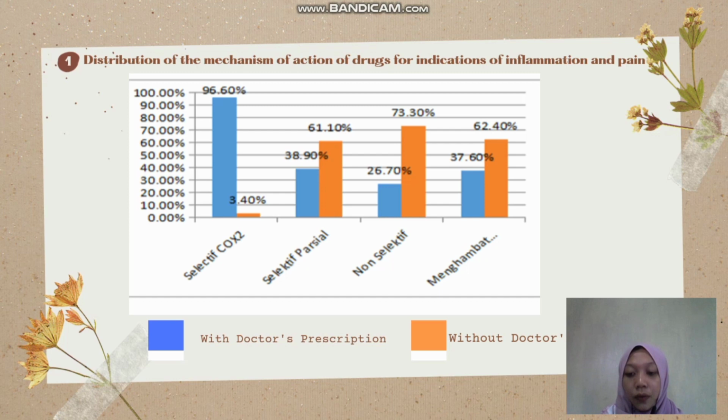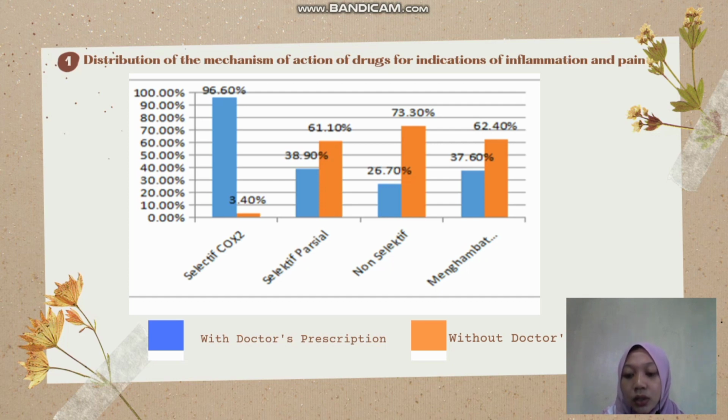The results of the analysis show that most anti-inflammation drugs used to treat complaints of pain, inflammation, and rheumatism are non-selective because the drugs are affordable compared to COX-2 selective ones. However, it is not advisable to use non-selective drugs for a long time.